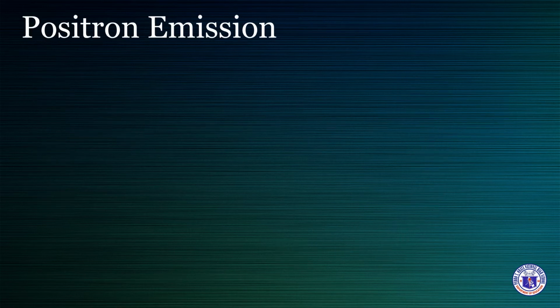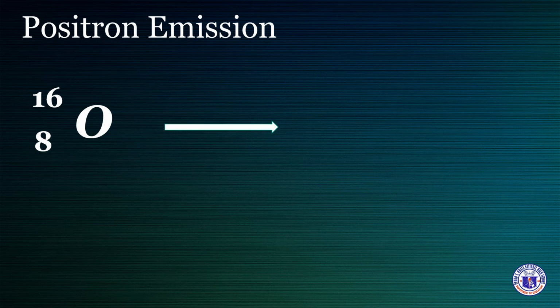Next, positron emission. We take oxygen as an example. Oxygen has an atomic mass of 16 and a charge of 8. We are going to produce a positron in the reaction. An oxygen with a mass of 16 minus 0 from the positron remains the same, that is 16.